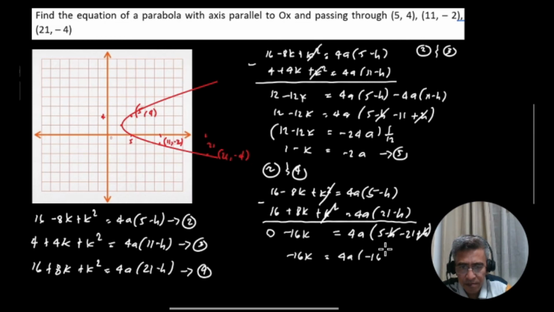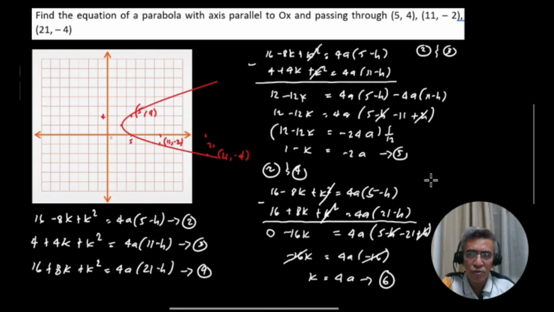And we cancel out negative 16 and negative 16, so k is equal to 4a. And that's equation 6.